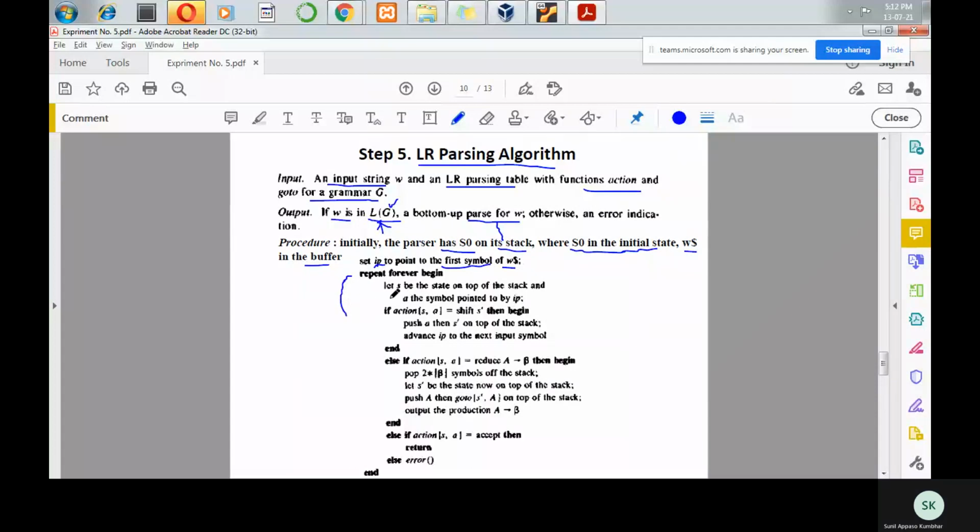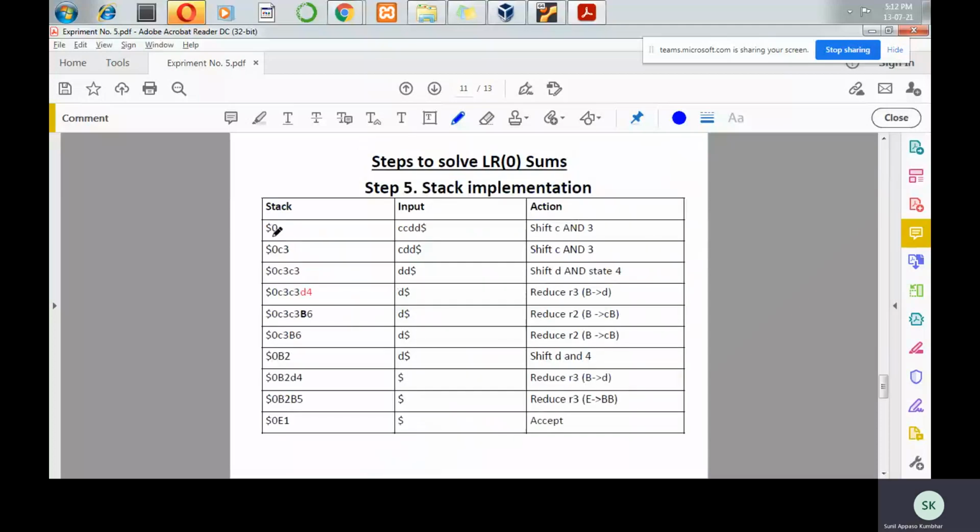Now, in the stack, the top of the stack is a state symbol, which is S3, and the current input symbol pointed to by the pointer is C. Let us see the algorithm.